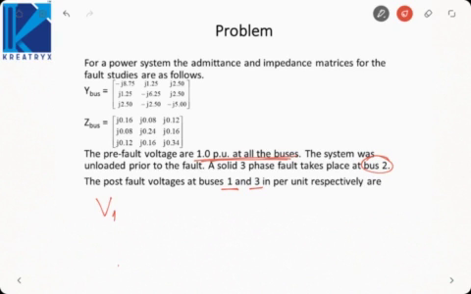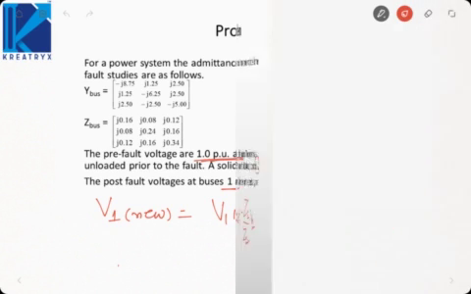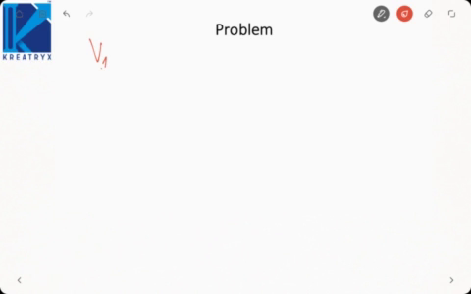Now we need to find V1 new, which will be equal to V1 old minus Z12 by Z22 into V2. That means V1 new will be how much? Old voltage was 1 angle 0.